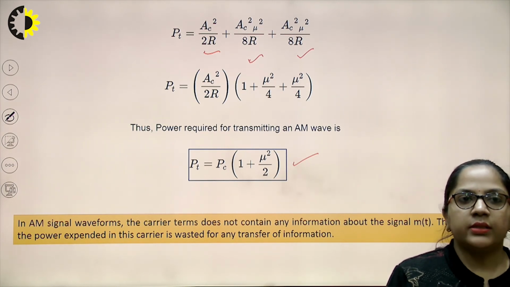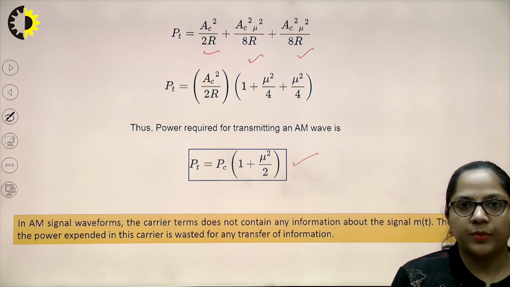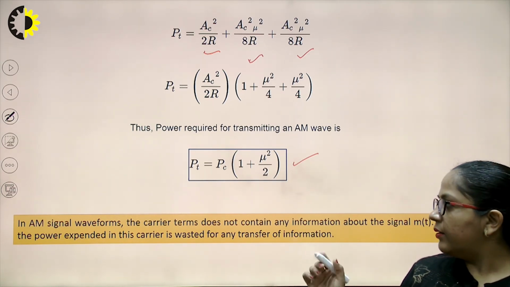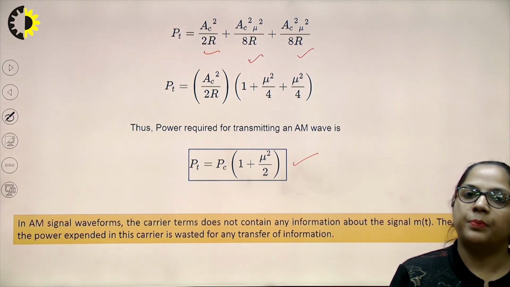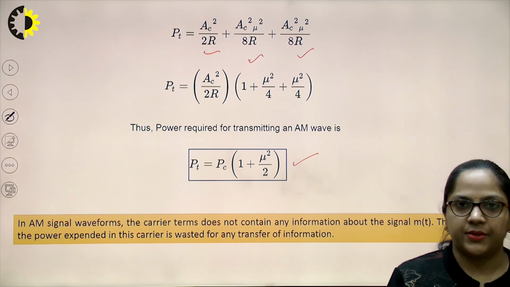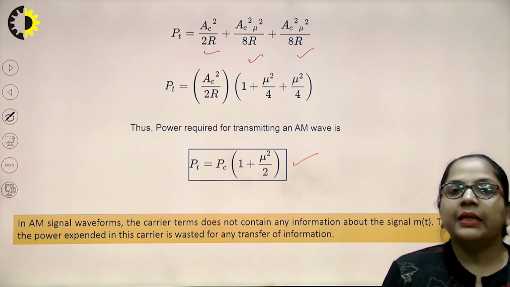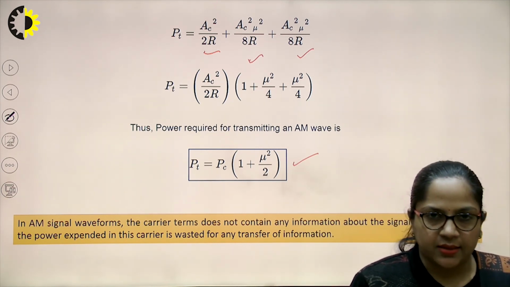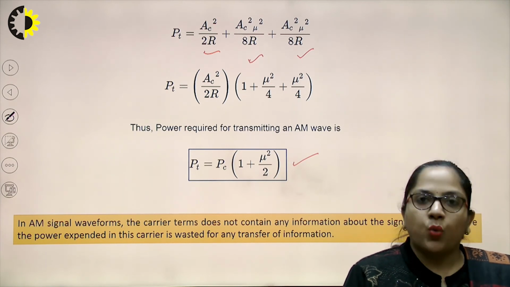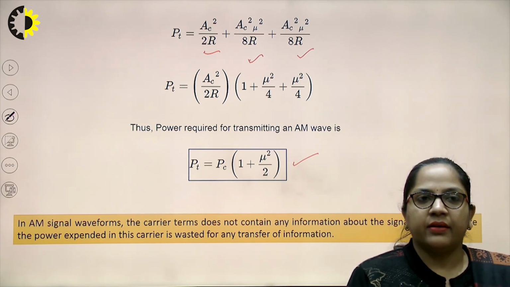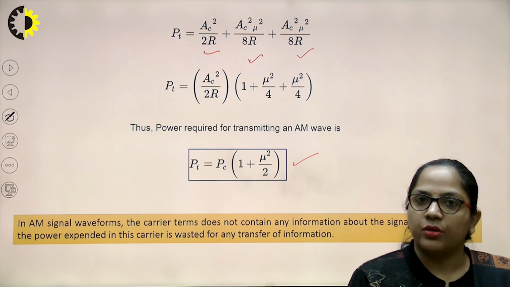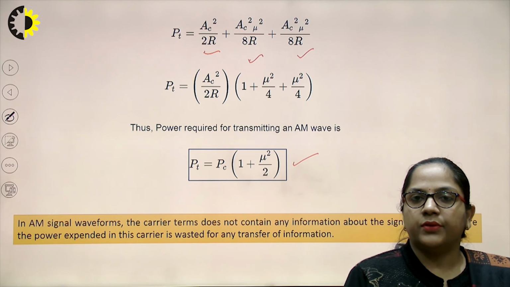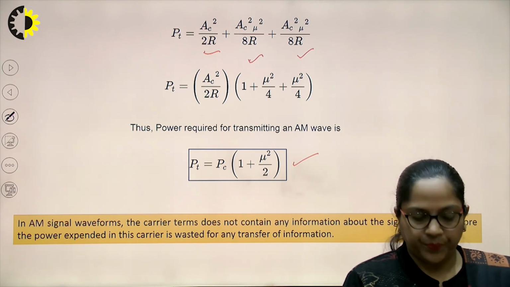The useful information is contained in the lower sideband and upper sideband, that is the sidebands. So the power required for transmitting the carrier is a wastage for us, but we have to transmit the carrier also because of its easier detection and transmission.